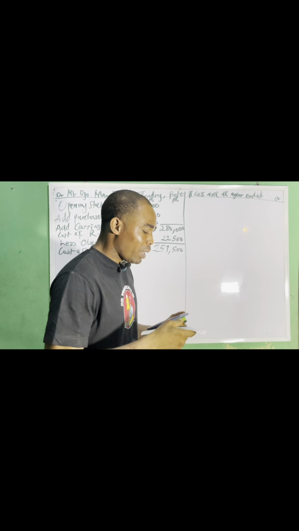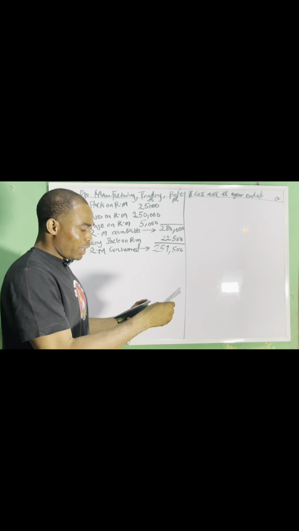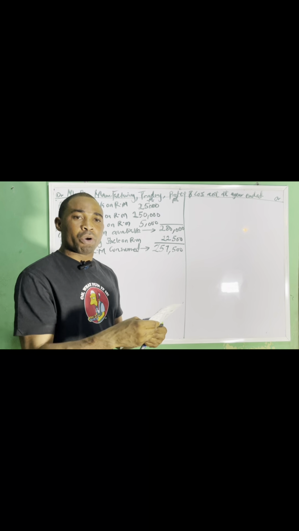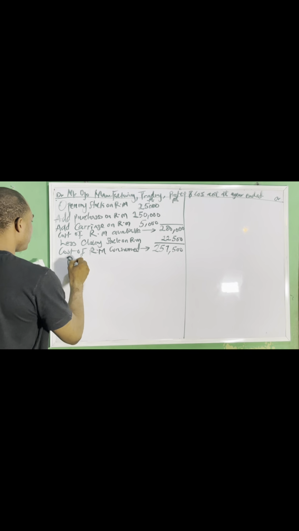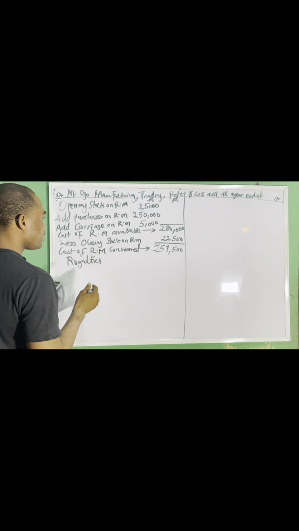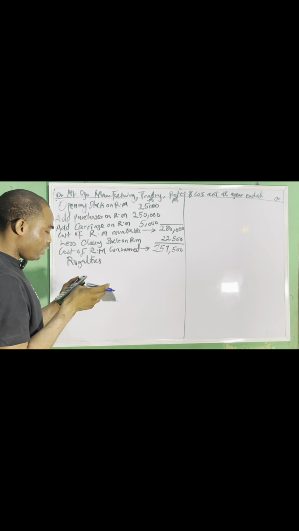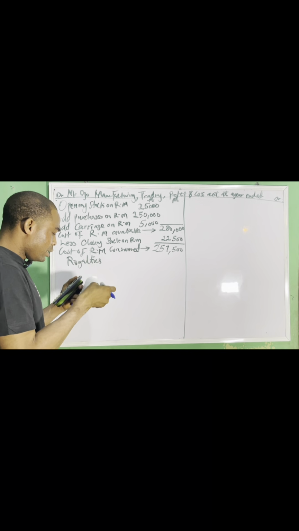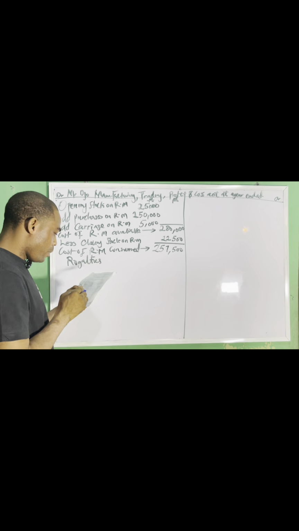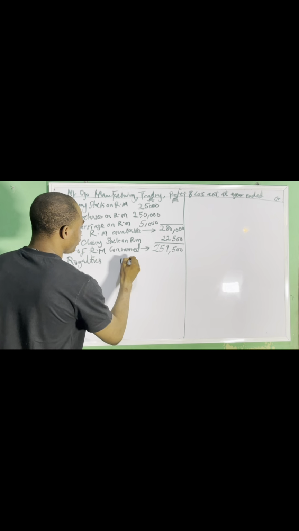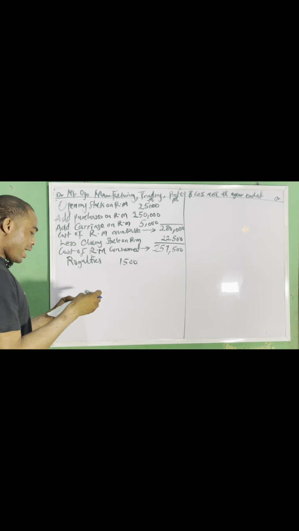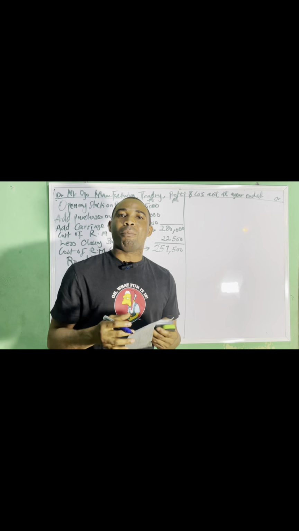So now we want to get our prime costs. Let's see, what do we have here that's part of the prime costs? One, when you see royalties, royalties is part of what you can use under direct expenses. Let me look at the value of royalties. The value of royalty here, I'm trying to trace it, is 1,500. Then we have direct wages or manufacturing wages.